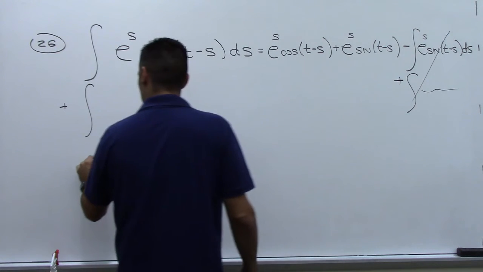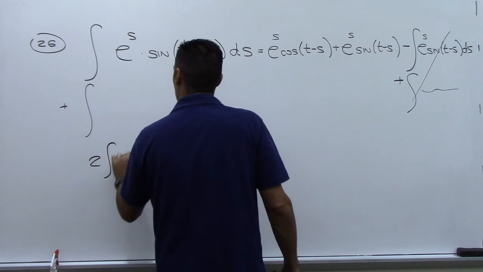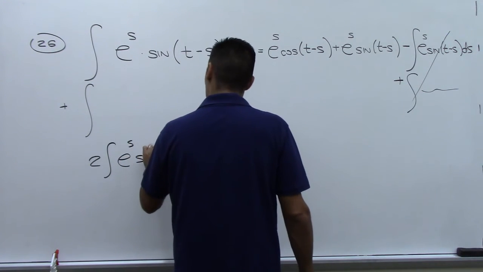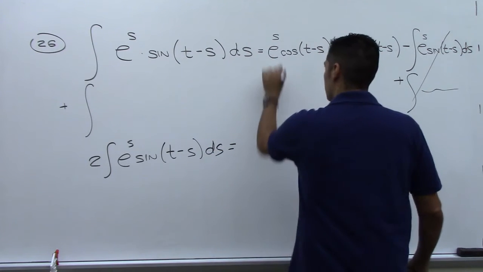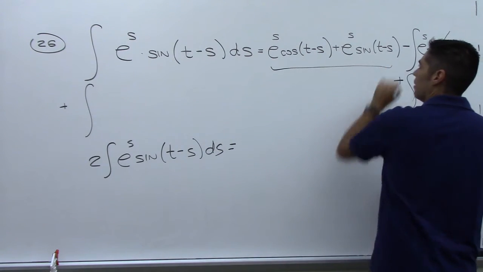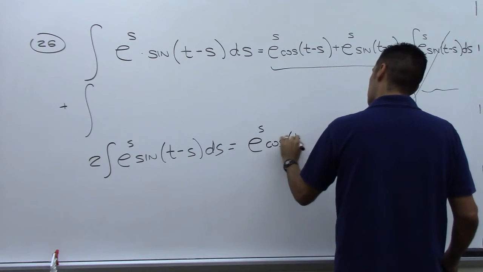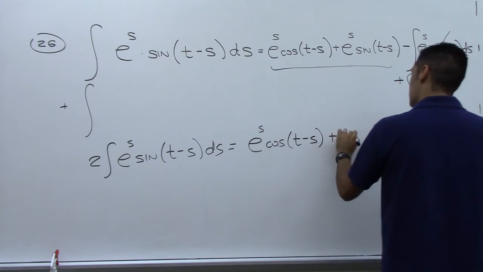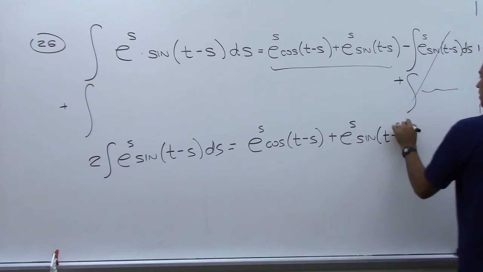So I'm going to put that down here. I'm going to have two of these integrals is equal to these two right here. e to the s cosine t minus s plus e to the s sine t minus s.